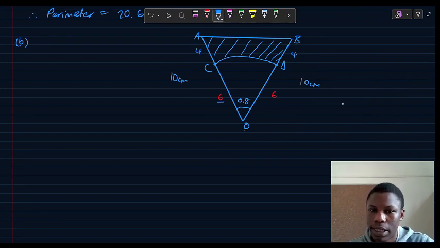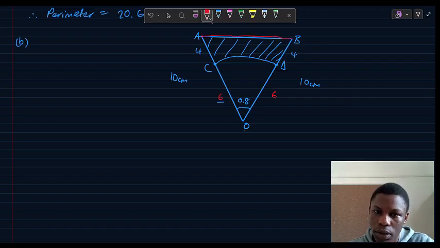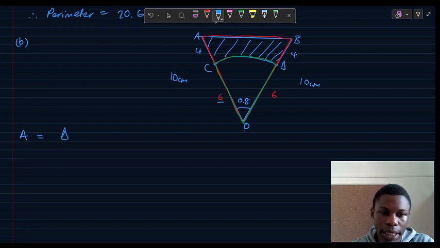So I want you to notice that the shaded region is going to be the big triangle OAB minus the sector OCD. Because if I take the sector out of our red triangle, I remain with the shaded region. So I can say that my area is going to be our big triangle OAB minus our sector OCD.